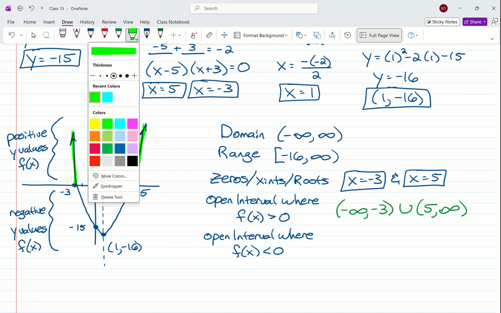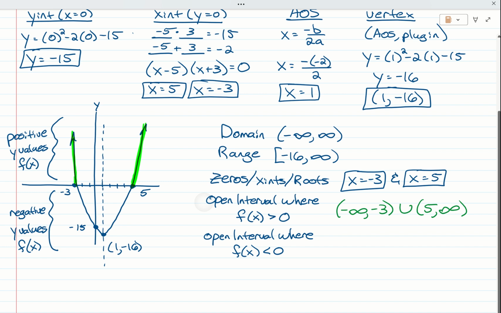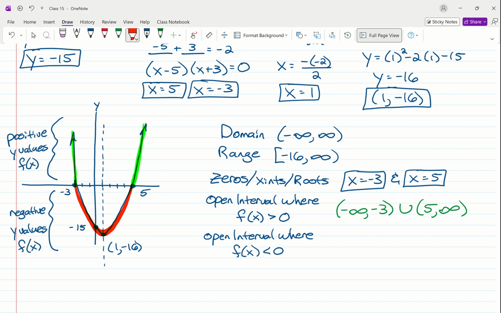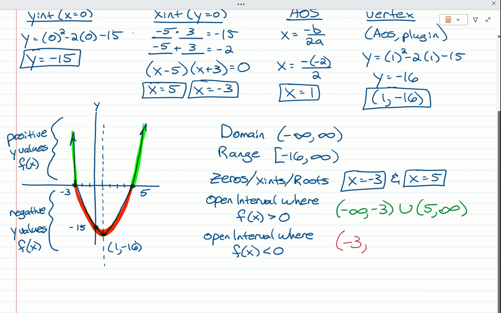Those are points below the x-axis. So let's go ahead and record that. Those happen between -3 and 5. When we're talking about an open interval, that just means we use parentheses. We don't use brackets for this kind of stuff.